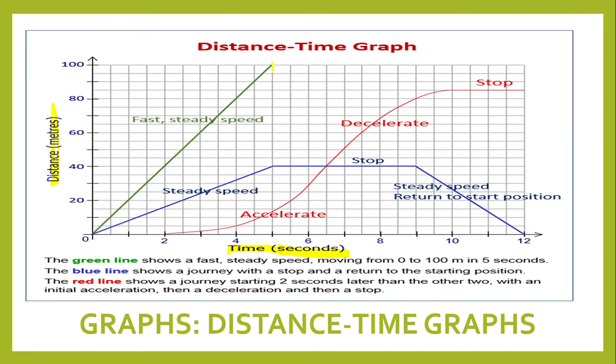Well, the total time taken for this journey of the green line was 5 seconds. Let's examine this graph for some seconds. Here we go. I'll put 5 over here. So we know that it was 5 seconds.